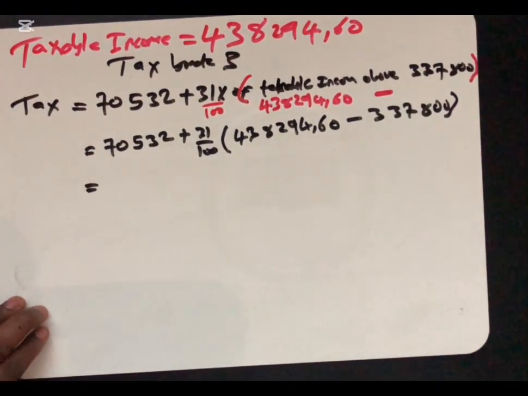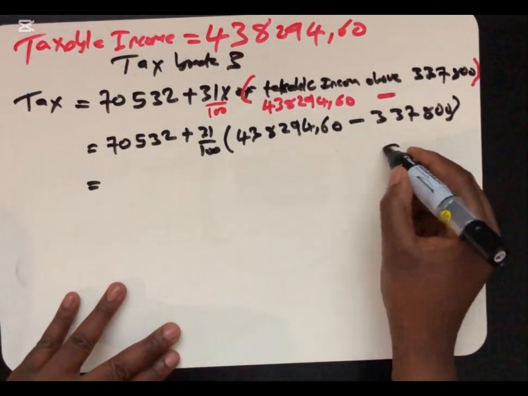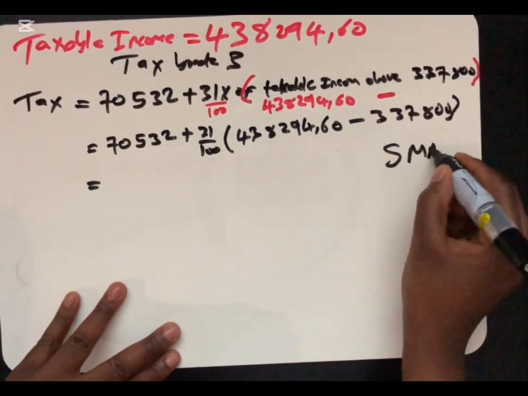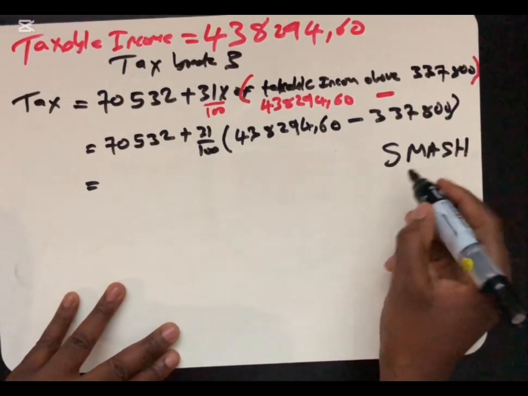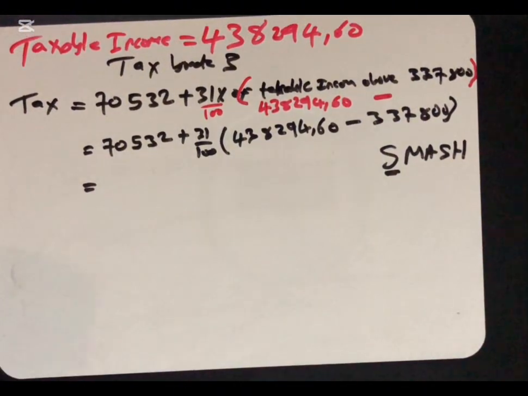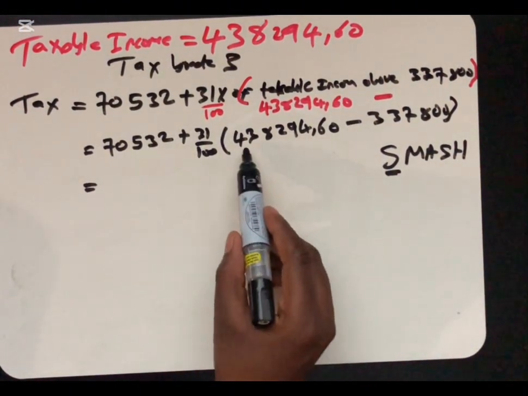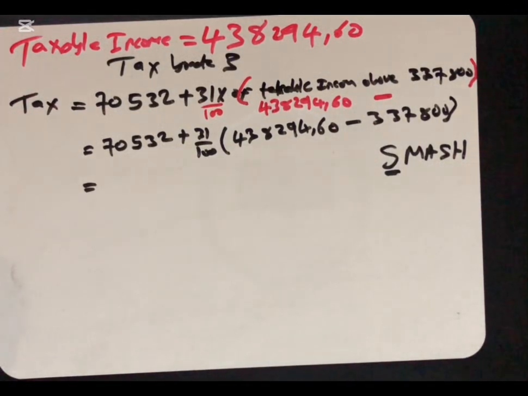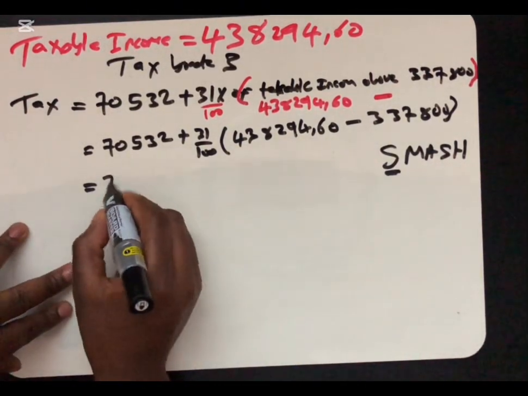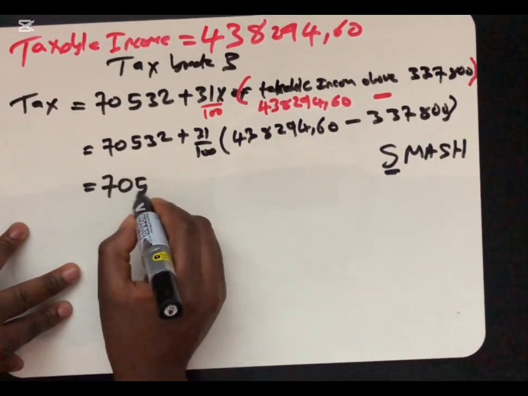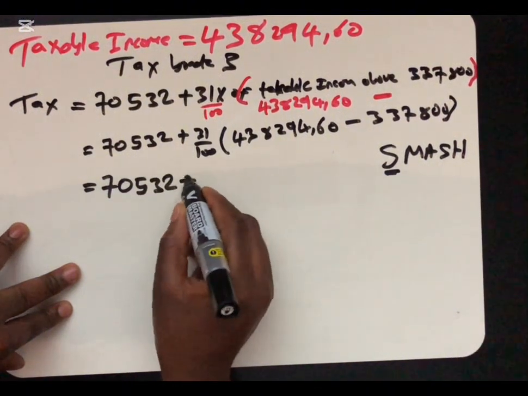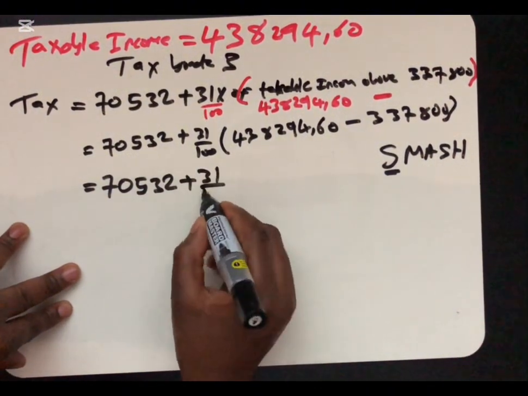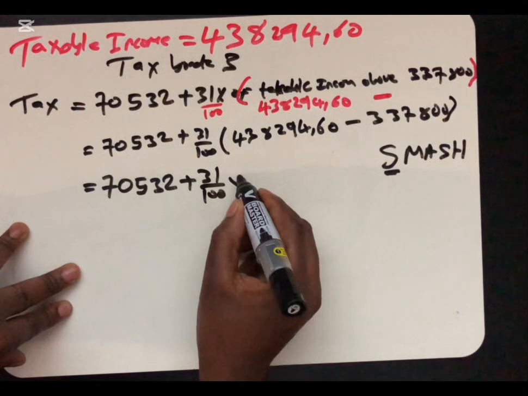When you calculate, you should not forget, it's very important, we use SMASH. The first S represents subtraction. So we check if we have minus in our equation. You can see our minus is inside the brackets. Then you copy everything the way it is, which is 70,532 plus 31 over 100. Brackets still.